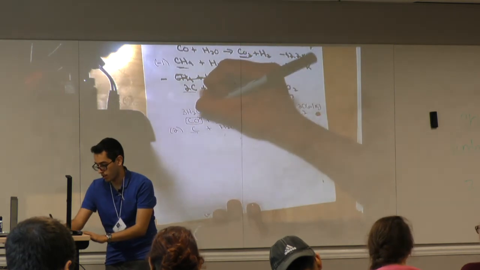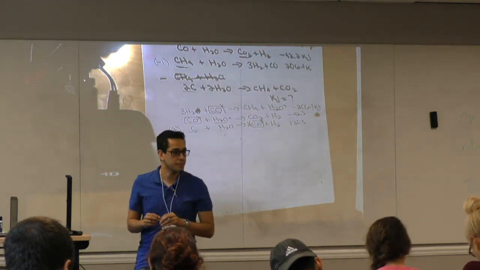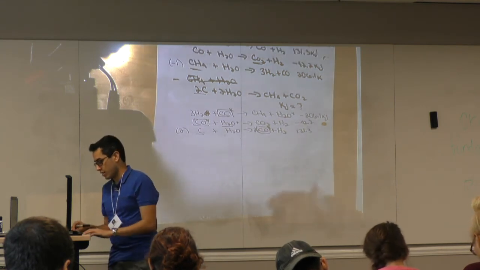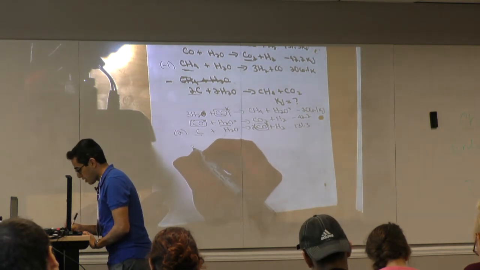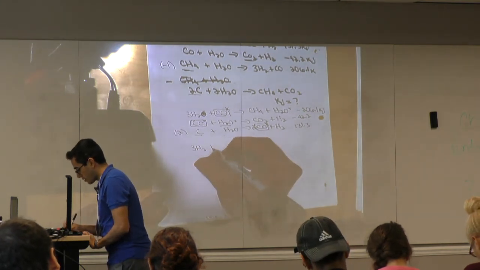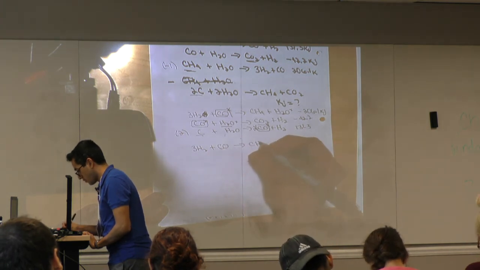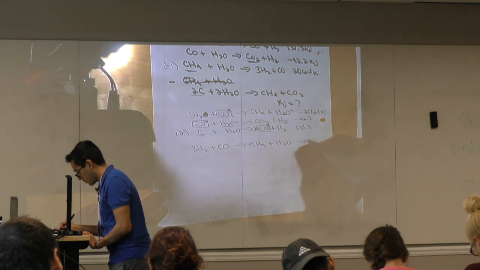Yeah, it's H2. Okay, so now we should have 3H2 plus CO gives CH4 plus H2O, that's 206.1.